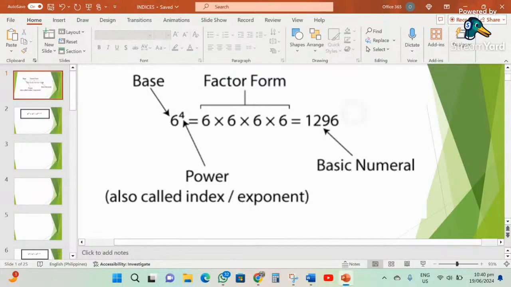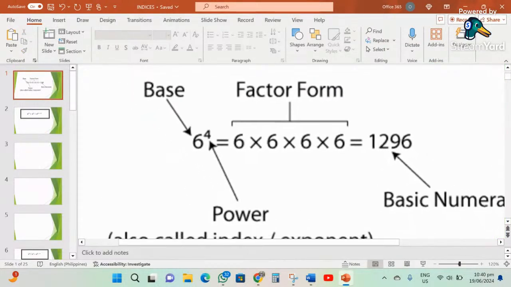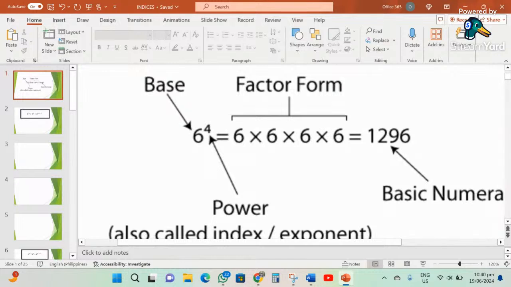Today I'm going to talk about indices or the index laws. If you can see on my screen, I've got here 6 to the fourth expression or number. 4 here is the power and 6 is the base. What does it mean? That you're going to multiply 6 4 times. So you have 6 times 6 times 6 times 6, and you call this the factor form.